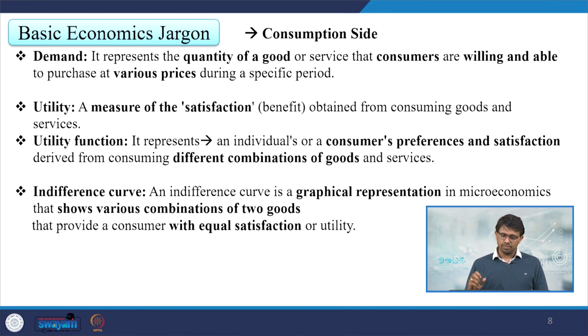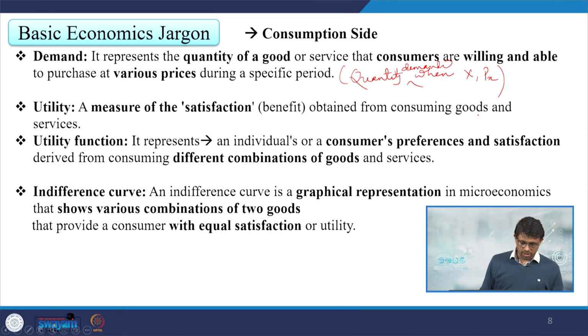And in economics sometimes we use what is called quantity demanded, when we are restricting to a particular commodity, when we are restricting to x and its respective price of x. Okay.